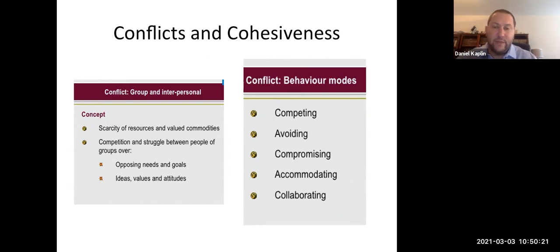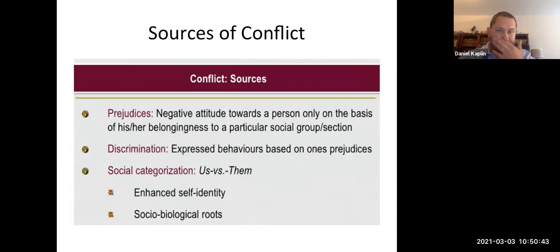Not doing what you're supposed to within a group. Those are oftentimes considered the more negative aspects of conflict behaviors. But compromising, accommodating, and collaborating are the positive side. So if you work through the conflict, these three factors are going to help you be successful.